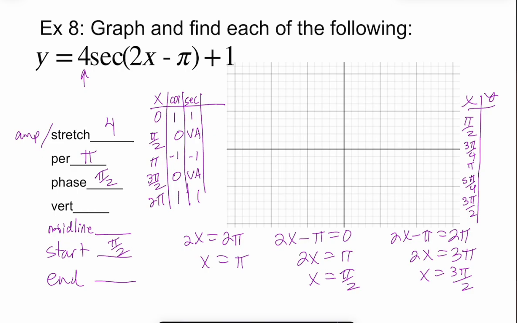So let's do this. 1, 2, 3, 4 pi. I think that should get us what we want. 1, 2, yeah, that'll do that. It'll barely do it, but it'll work. And then we need a pretty high stretch.